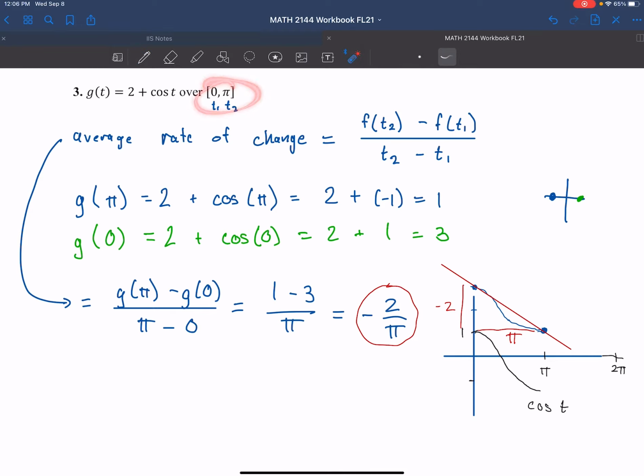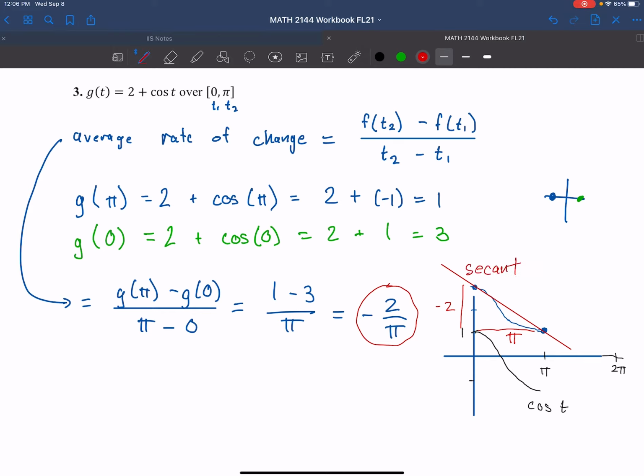So 0 and pi, we find those points on the graph, draw a line through them, and the slope of that line is this value. This line right here in red, I'm going to take a sec, and then I'll name it. The reason I took a sec is because it's called the secant.